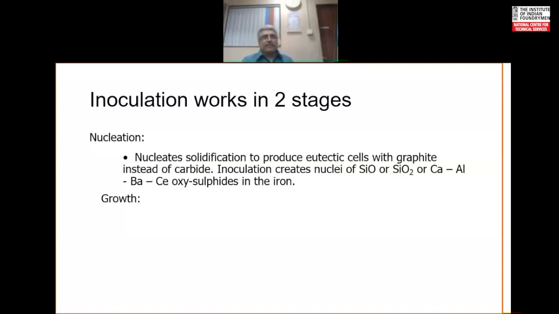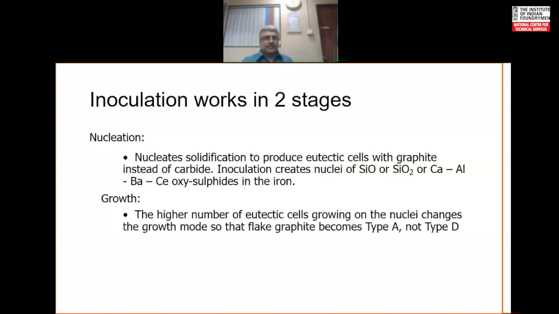And the second important point is the growth. So, the higher the number of eutectic cells growing on the nuclei, the structure changes depending on what treatment you are doing. Growth is being governed by the modification, which can happen because of the magnesium.